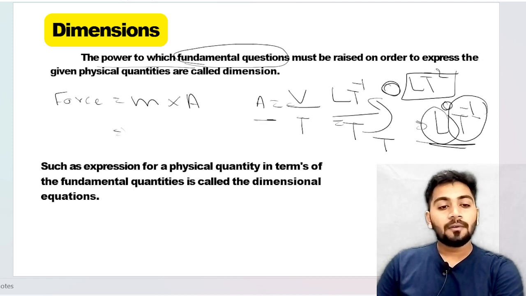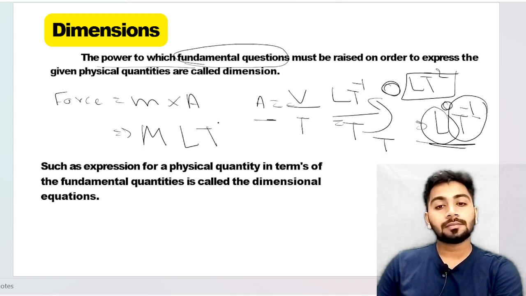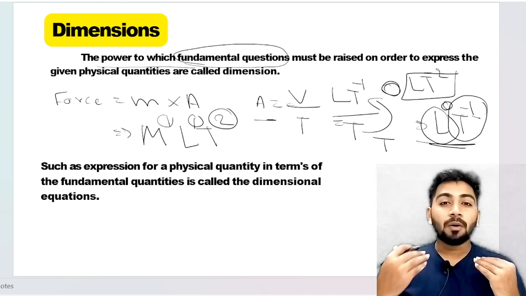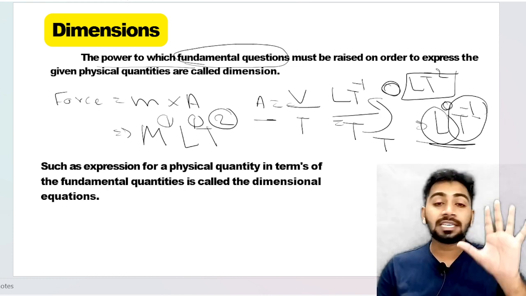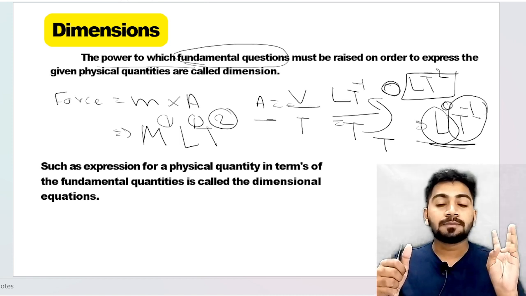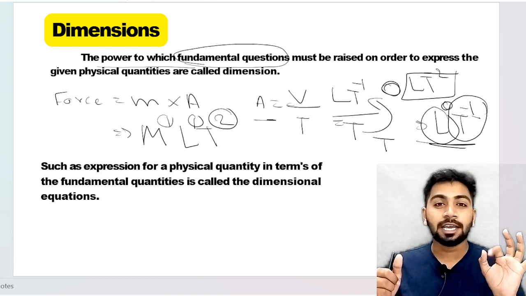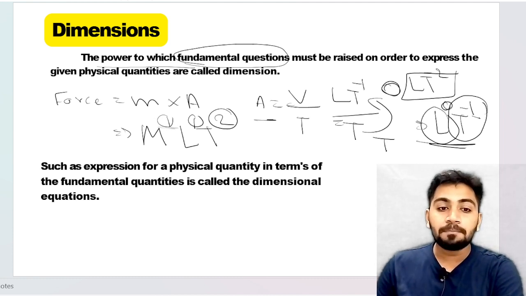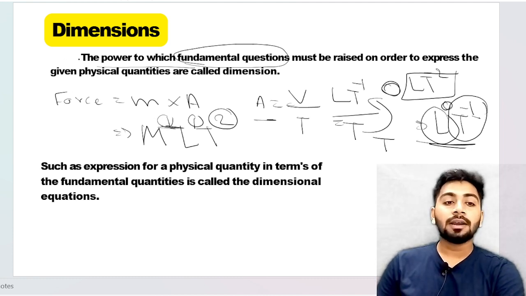Now for mass it is just M into acceleration. See, here mass is raised to power 1, length is raised to power 1, time is raised to power 2. The way we are writing powers of the fundamental quantities, there are 7 fundamental quantities: mass, length, time, electric current, luminous intensity, temperature and amount of substance, with their powers. That is called dimension.